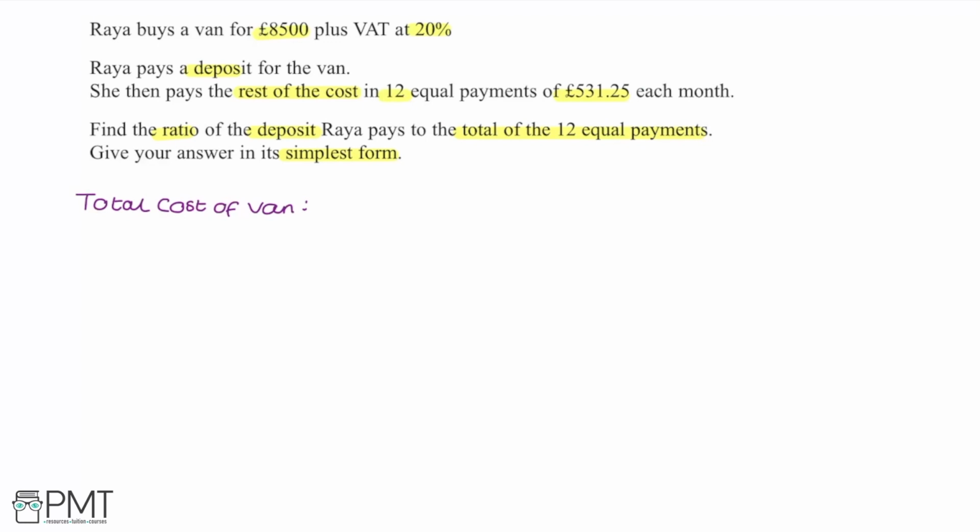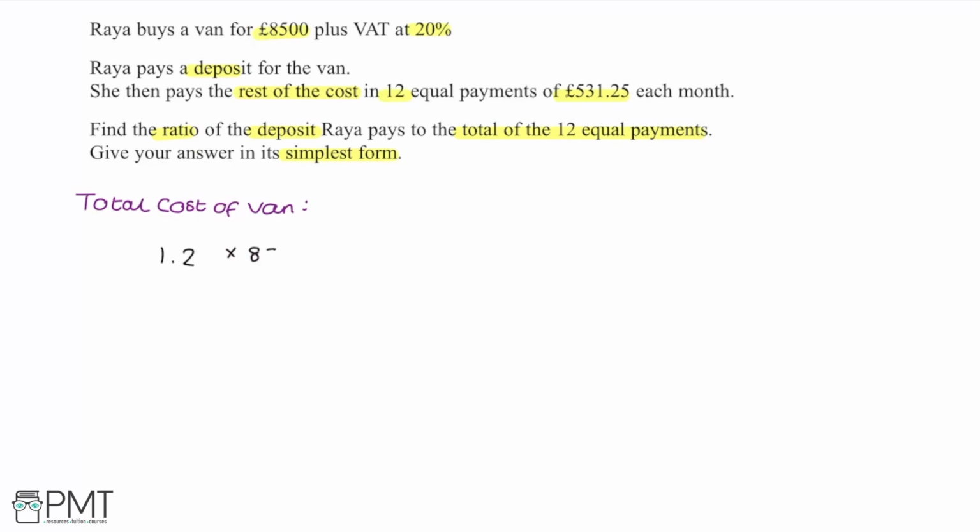Now, if I have an extra 20% on top of this, I can take the multiplier of 1.2 to multiply this by 8,500 in order to work out what 8,500 is plus 20% of it. So 20% as a multiplier would be 0.2, but I'm multiplying it by 1.2 to have that original 8,500 included.